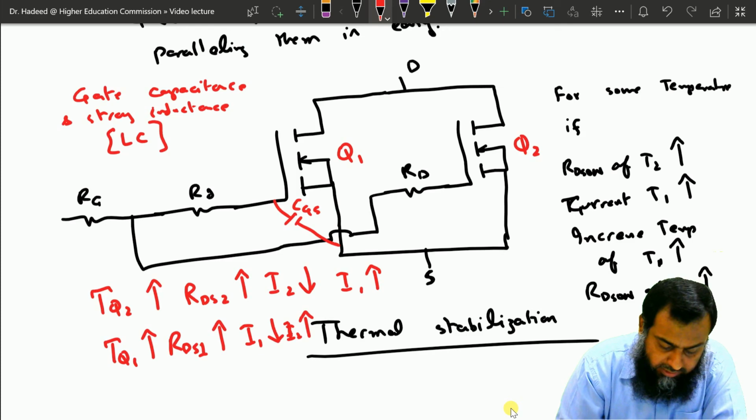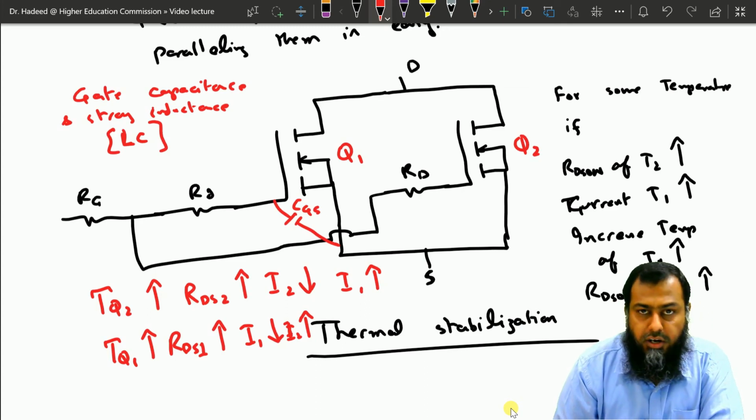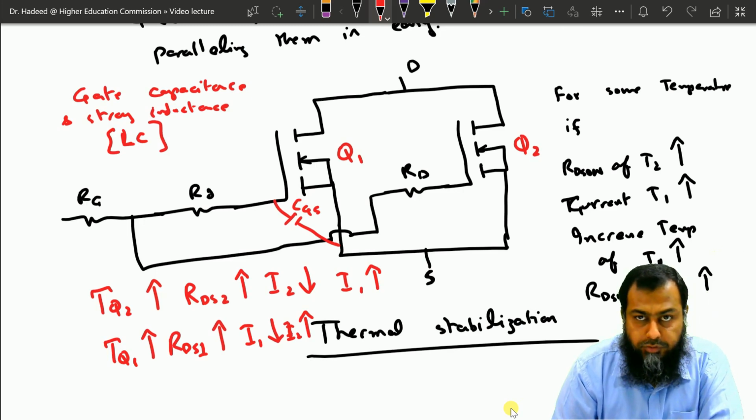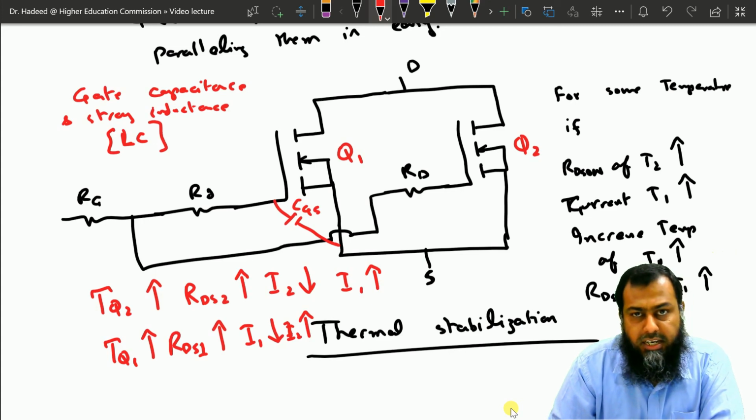To dampen these oscillations, a small resistance is usually added in series with the gate connection, which acts as a damper to these oscillations. So that is why we have these resistances connected in series with the gate.